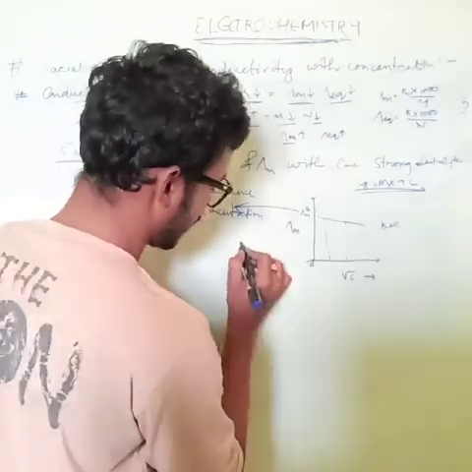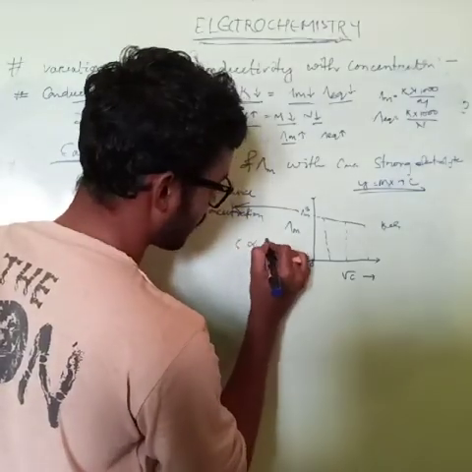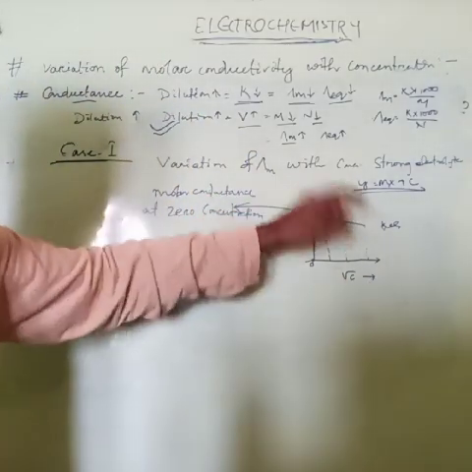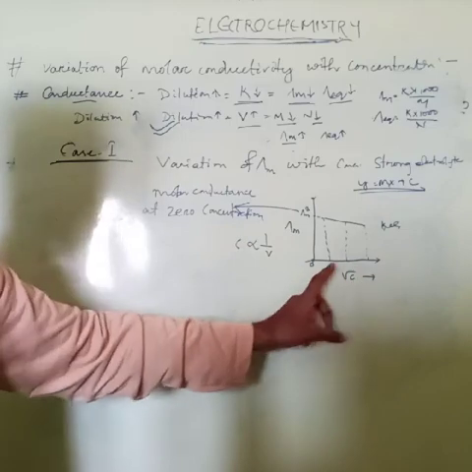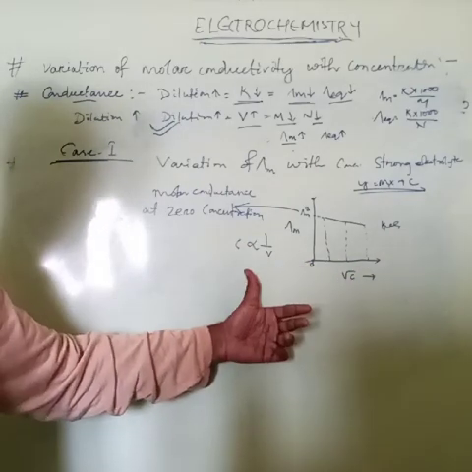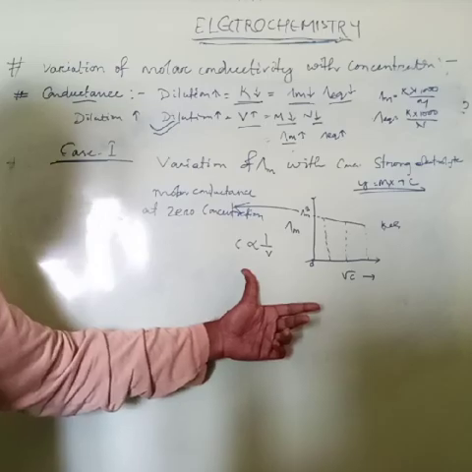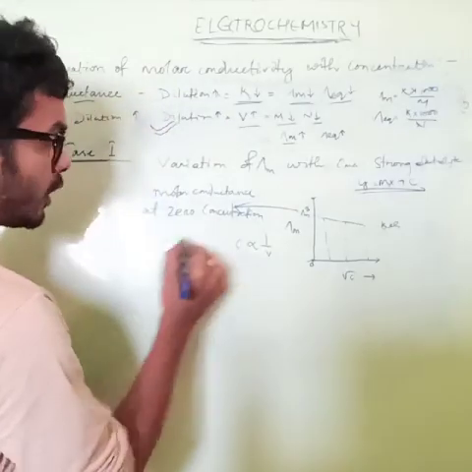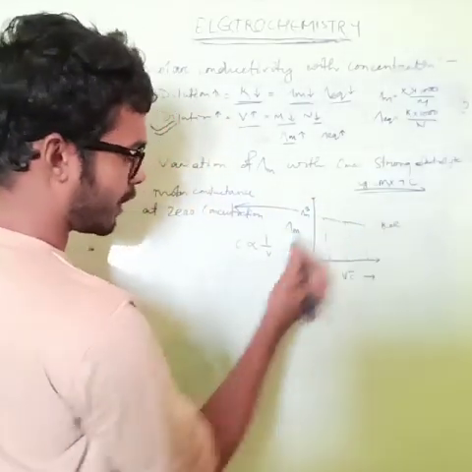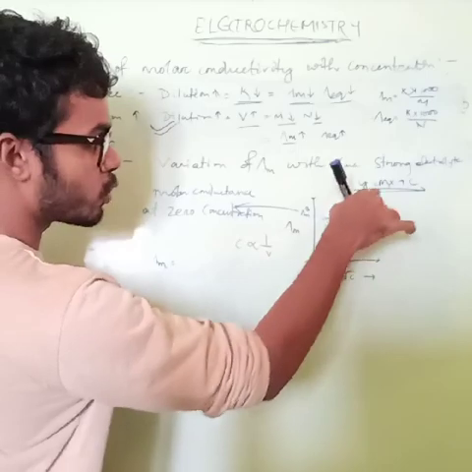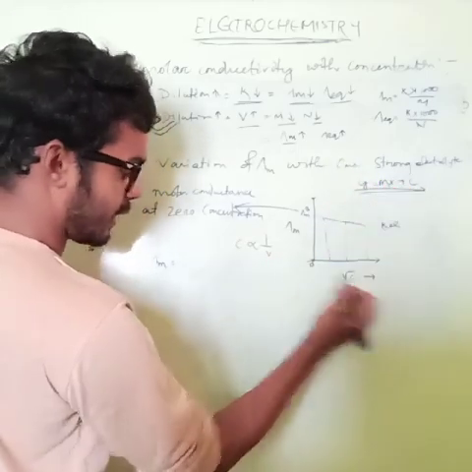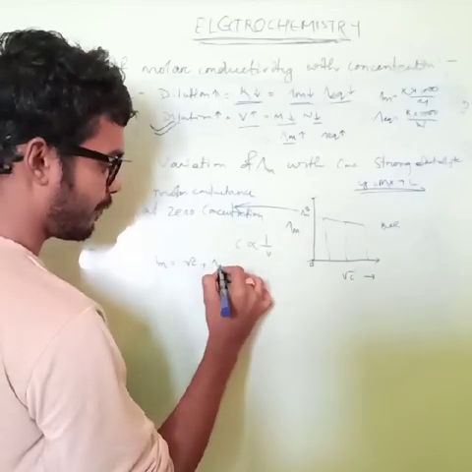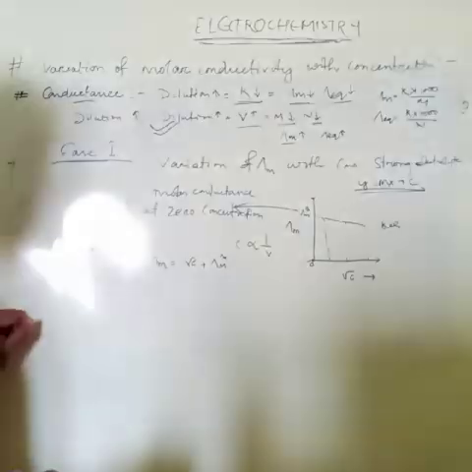So from here we know that concentration is inversely proportional to volume. As we are diluting, as the volume rises, the concentration decreases. So for this y equals mx plus c, y is nothing but lambda m equals mx plus c, where x is root C, and c is nothing but lambda m infinite.